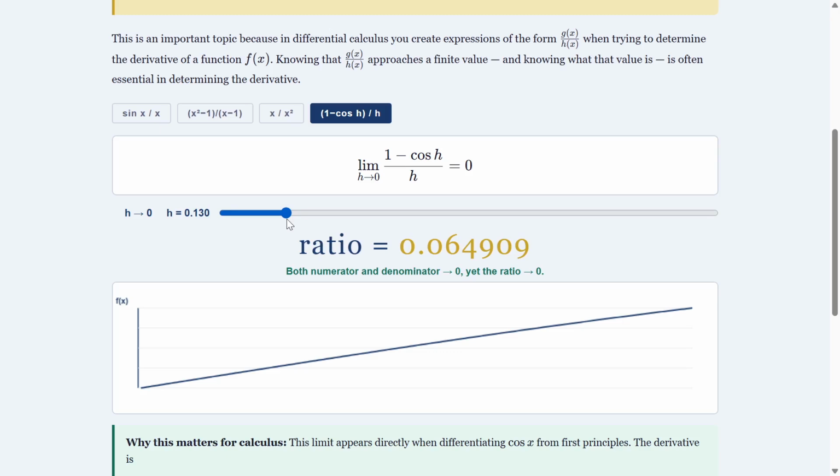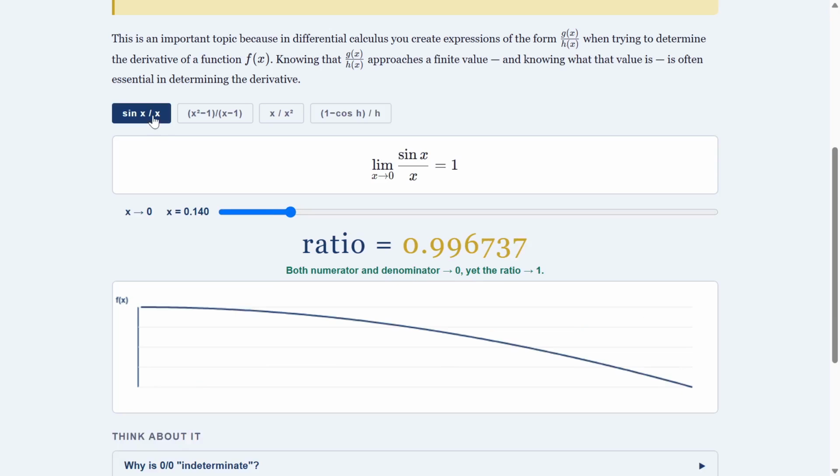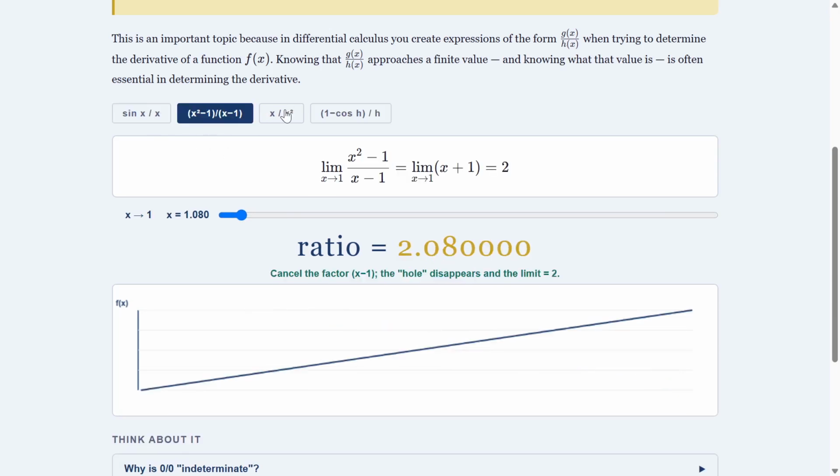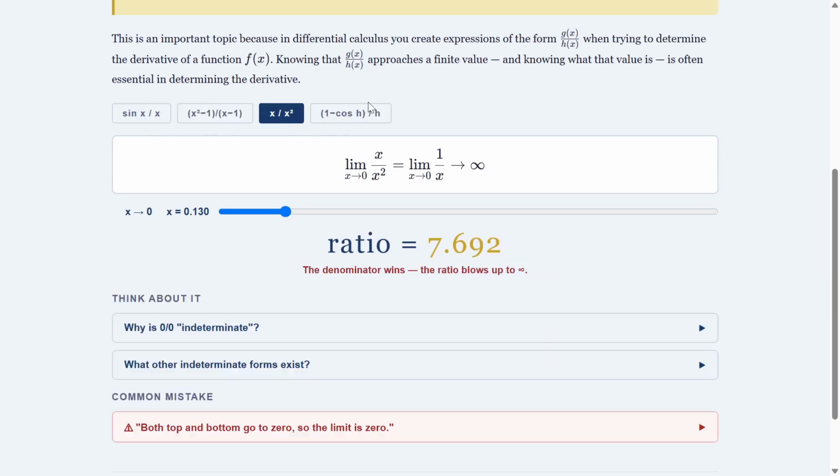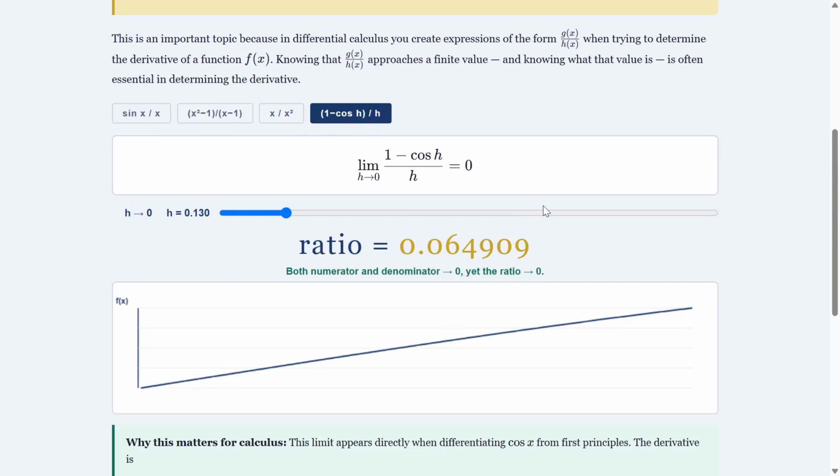We can have different expressions where the value at a certain input value of the ratio would be 0 over 0, but the actual ratio as we're getting closer is getting closer to different values: 1, 2, infinite, and 0.